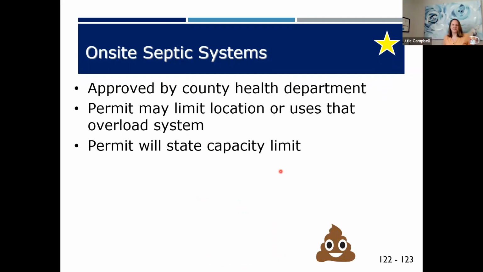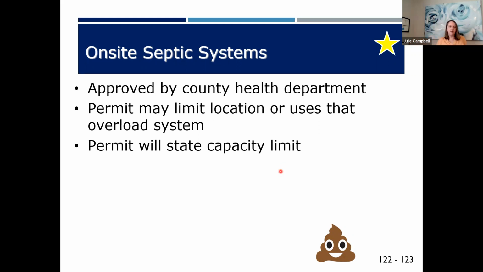If we can't hook up to public sewer, then we may need an on-site septic system. With public sewer, we don't have to worry about it. But if for some reason the city or the county can't or won't hook that property up to public sewer, then we need to be dealing with an on-site septic system.